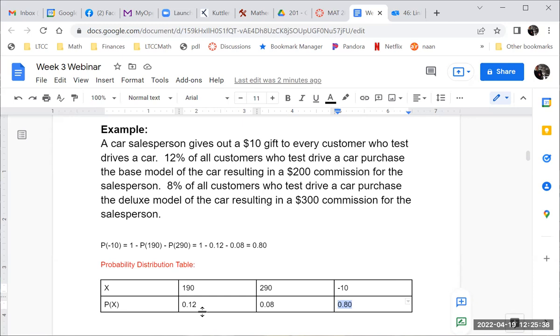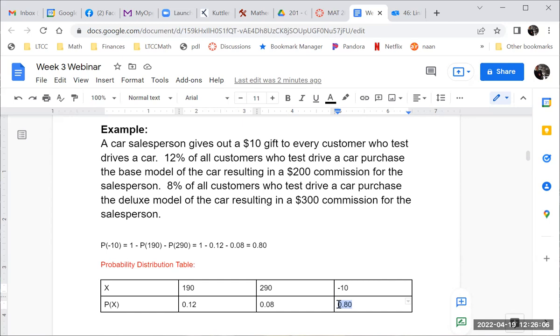So the idea is what you typically do is you say, well, what's the probability of all the rest of the stuff? And that is 20% or 0.2. And then 0.8 is 1 minus 0.2, or 100% minus 20% is 80%. So you do often have to do the computation for the final probability.